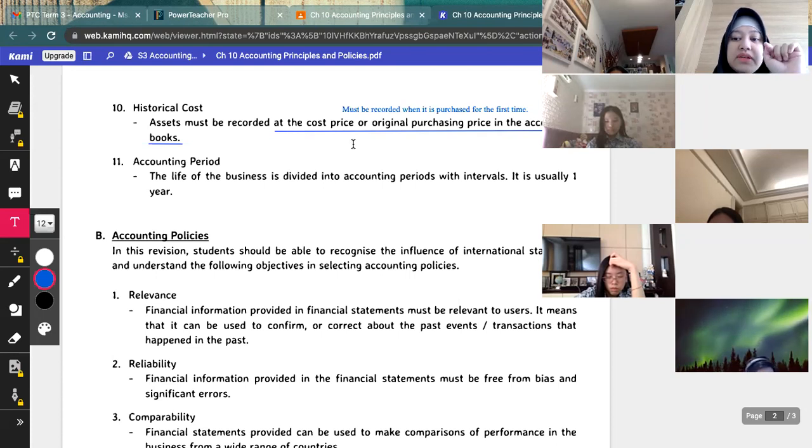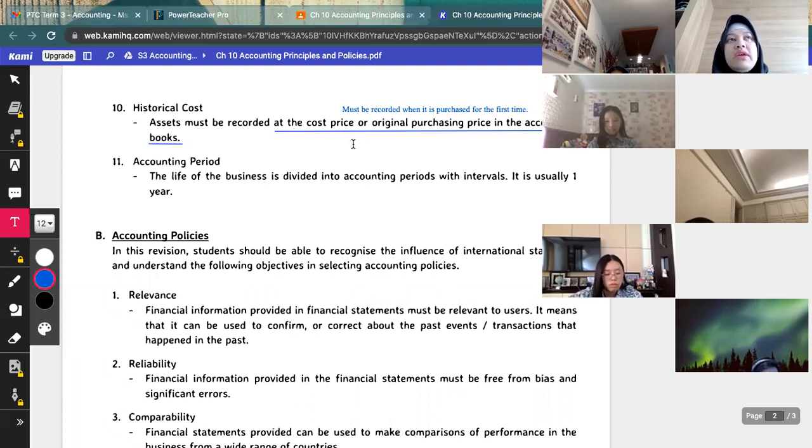And the value of this premises will always be the same. Let's say this premises is purchased in 2018 for the cost of $100,000. In 2019, it will still be stated as $100,000. In 2020, it is still $100,000.